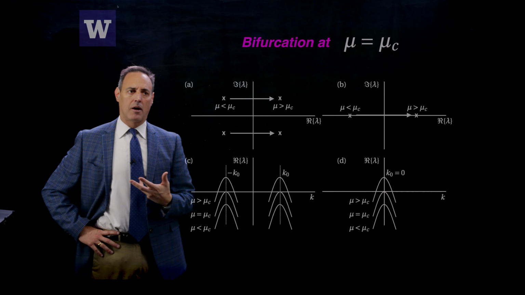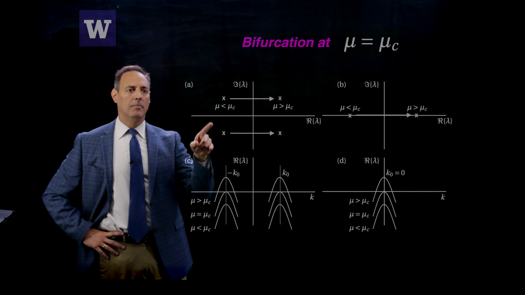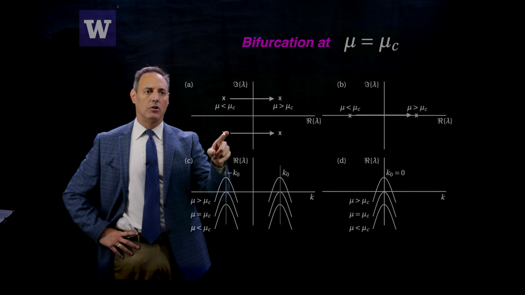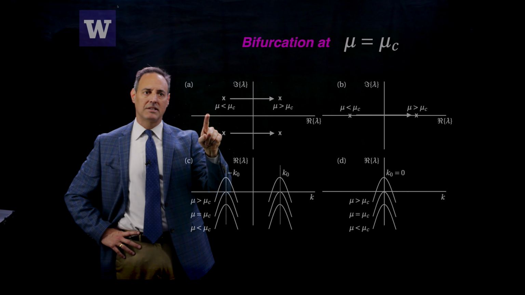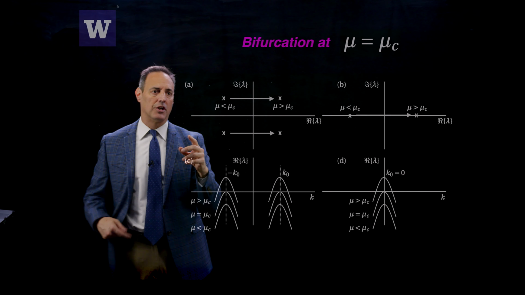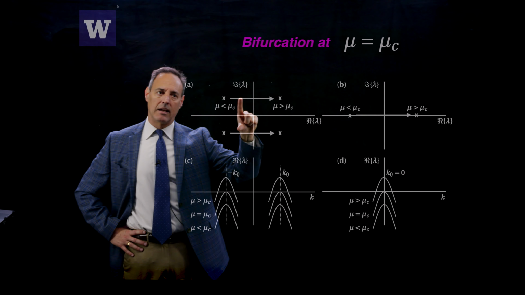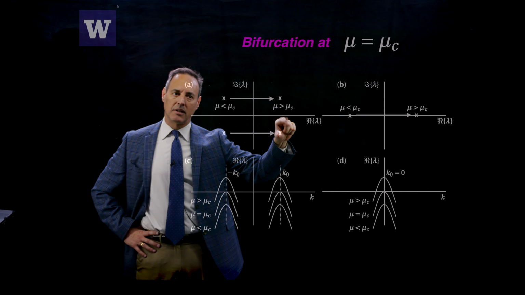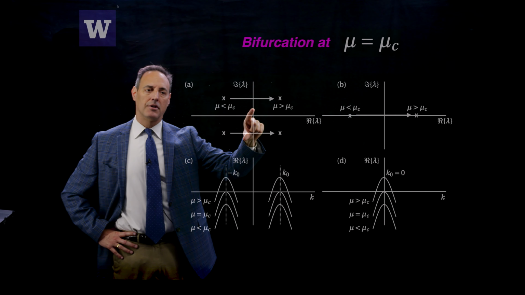So first, let's talk about lambda. There are two cases for lambda. One of them is that the eigenvalues look something like this. As I go from mu less than mu_c to mu greater than mu_c, in other words, as I walk through the bifurcation, two eigenvalues go from their real part being negative to the real part being positive, but with non-zero imaginary components.